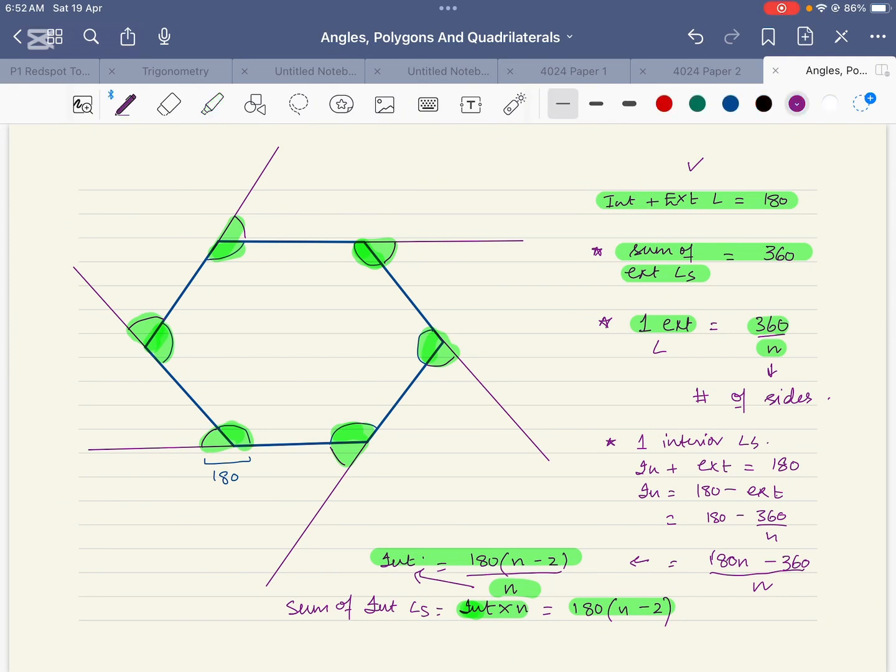So we have formulas to calculate the sum of interior angles, number of sides, measurement of one interior angle and exterior angle. So the sum of exterior angles of all polygons, no matter what the number of sides, is 360.